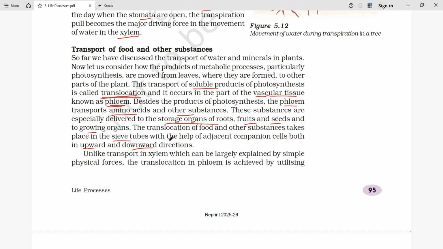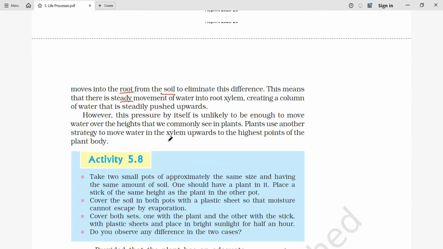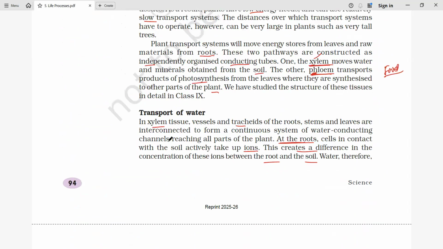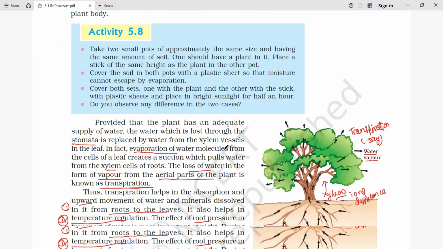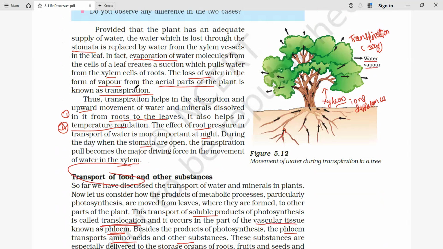So these things we have seen in the transportation in plants. The important part is the transport of water, where xylem is going to play the role. And the second important part is the transport of food. So in case of transport of water, we have seen the process called transpiration. Okay. So what is transpiration?